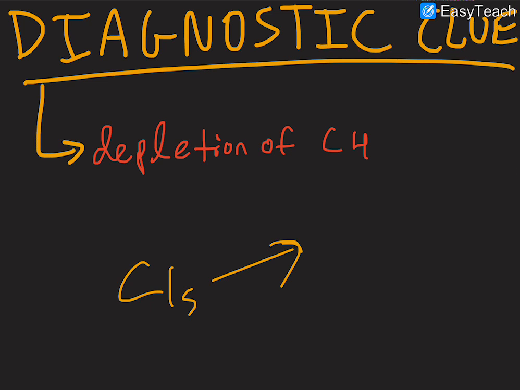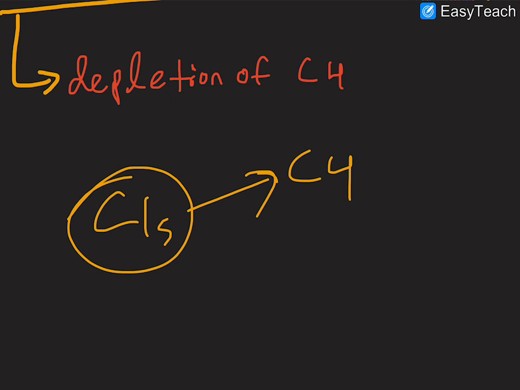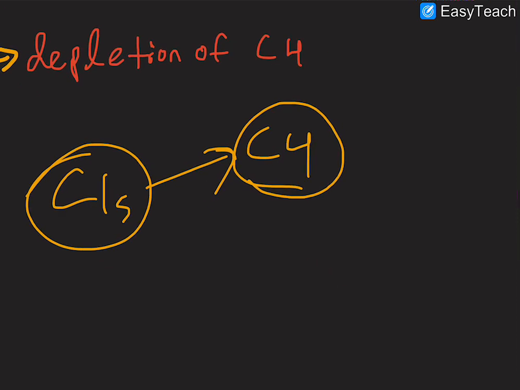So if you're consuming a lot of C4 because you have a lot of C1 activation, since you don't have C1 esterase inhibitor, you're going to break C4 apart a lot into C4a and C4b and so on until you make your MAC, your membrane attack complex, as we discussed in the complement system.